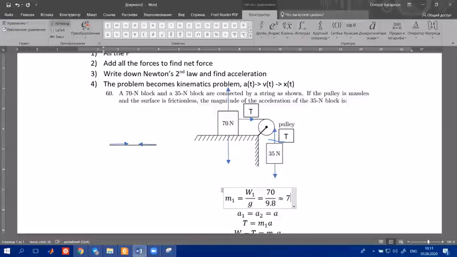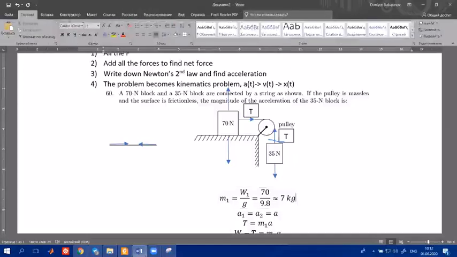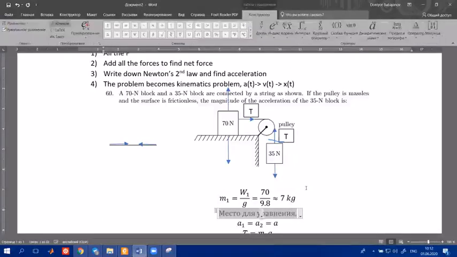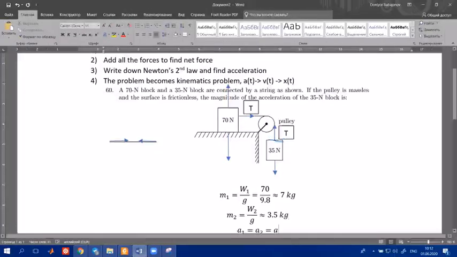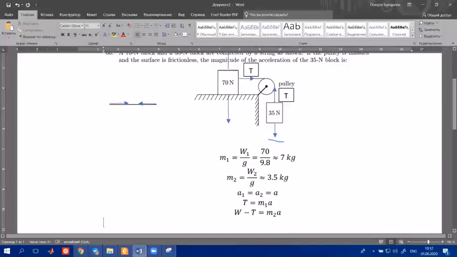Then you get approximately 7 kilograms. In the same way, the mass of the second is the weight of the second divided by g. It's also approximately 3.5 kilograms, because 35 newtons divided by 10 is 3.5.